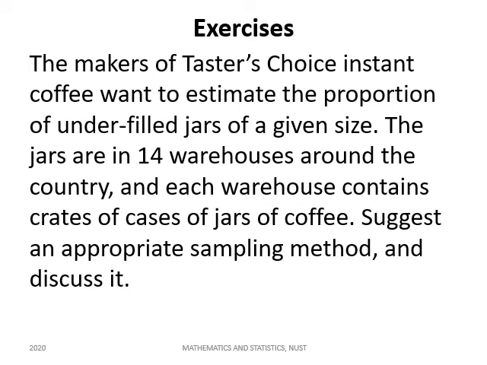Okay, so here, again, you could probably make a case for just about every sampling, each of the sampling methods, whether it's simple, random, stratified, cluster, so on. So here we just want you to think. Here we're making coffee, or these are the producers of coffee, and you want to estimate the proportion of underfilled jars.